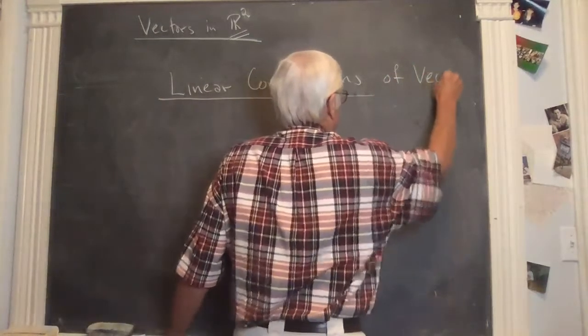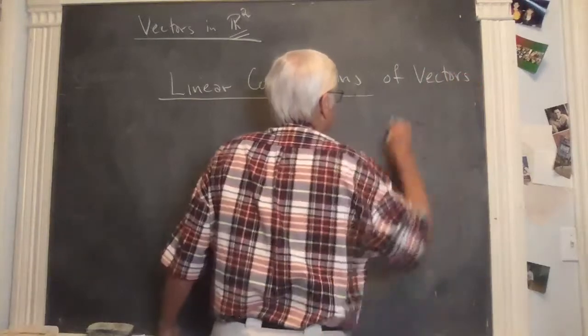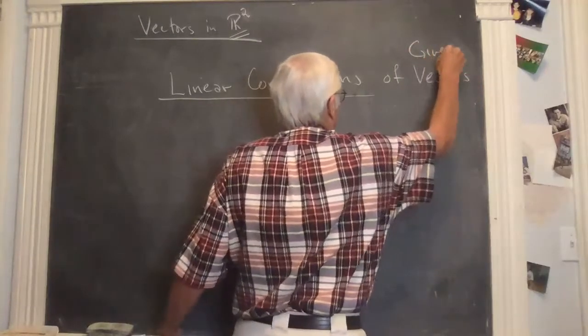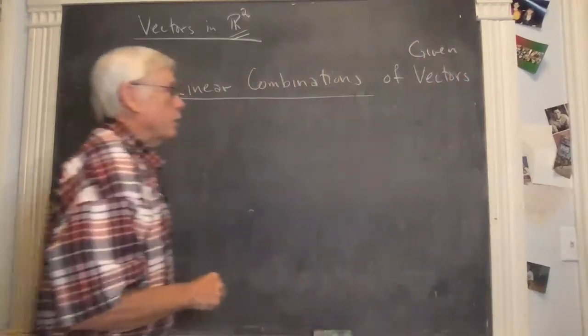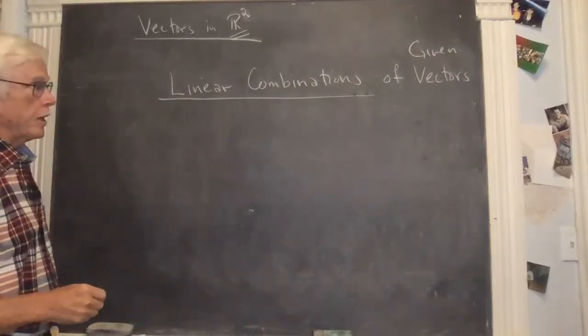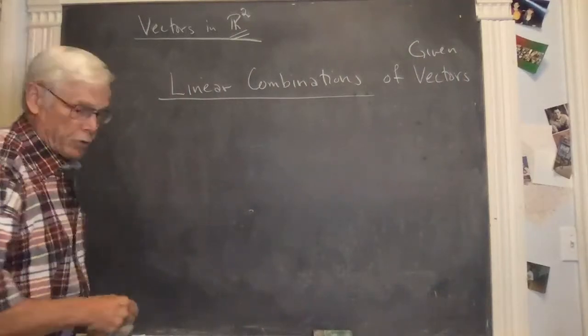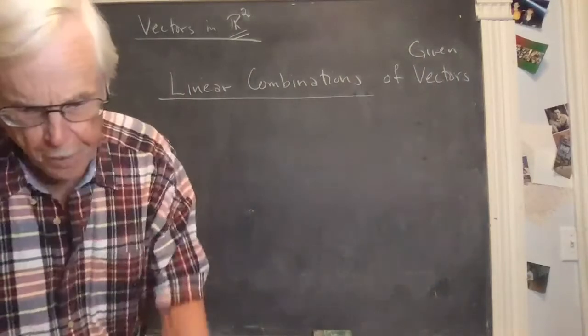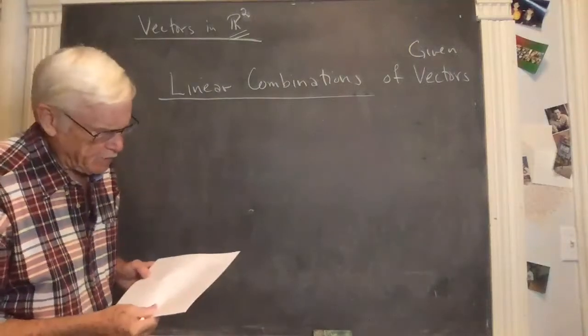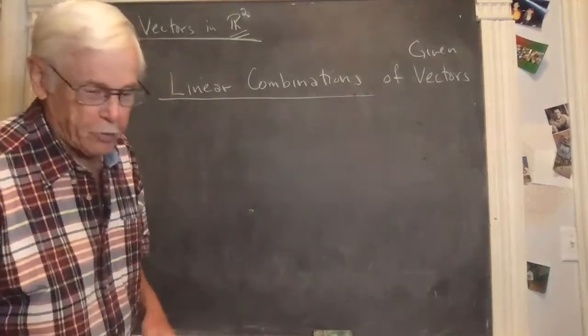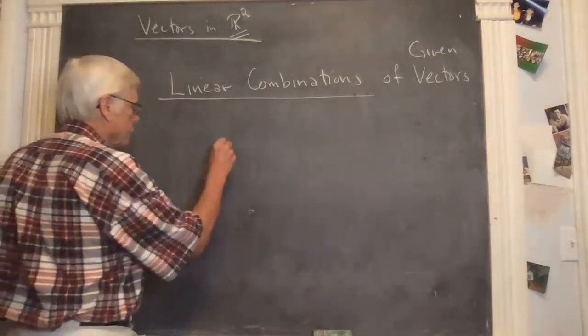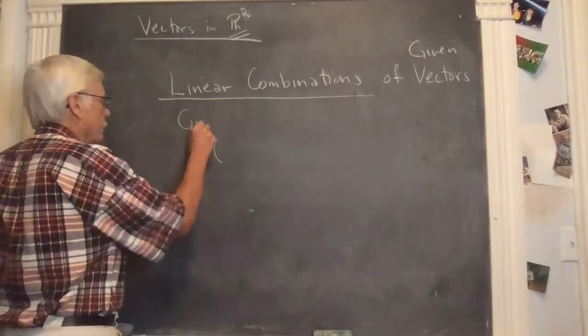So this is a linear combination of given vectors. So I'm going to give you a few vectors and ask you to find a linear combination. So on the sheet, I think I gave you the famous 1, 2, and 3, 4. So here are the given vectors.